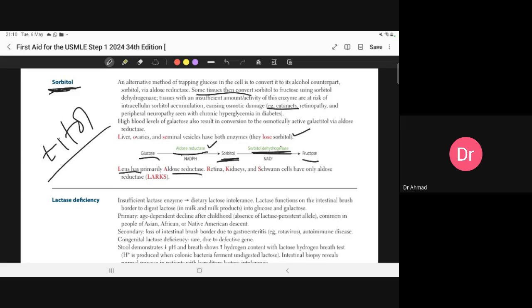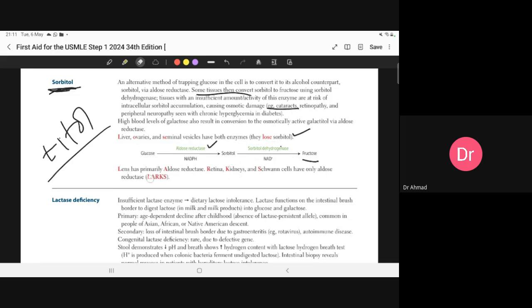Okay, and your retina, kidneys and Schwann cells only have this enzyme. Again, they will accumulate this sorbitol because they do not have sorbitol dehydrogenase. That's why you see retinopathy, nephropathy, peripheral neuropathy in diabetes. Why? Because these cells accumulate sorbitol, which is toxic to your cells. Okay, you have to keep this in mind.